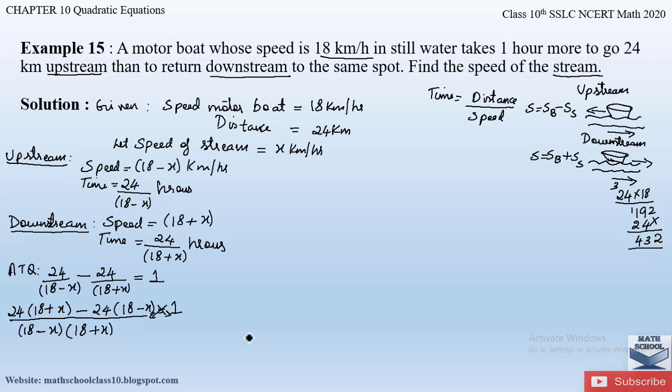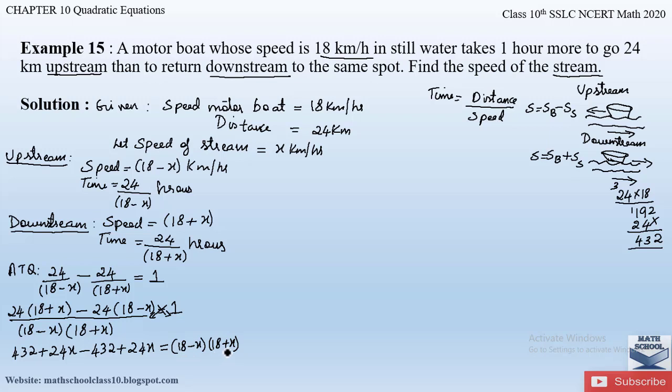It is 432. So 24 into 18 is 432. So plus into plus will be plus 24x, then minus 24 into 18 is again minus 432, minus and minus here will be plus 24x, is equal to 18 minus x and 18 plus x.